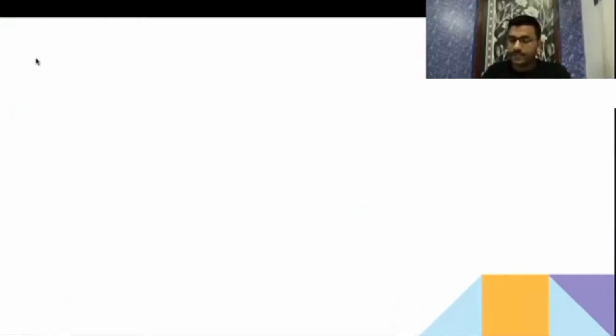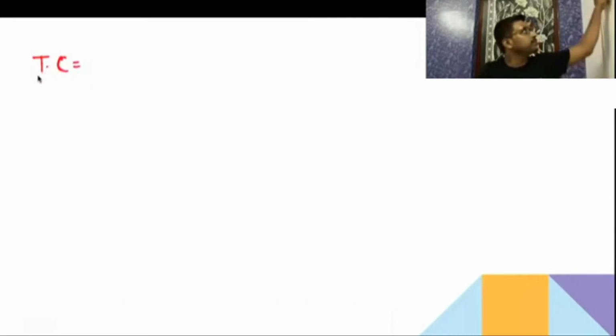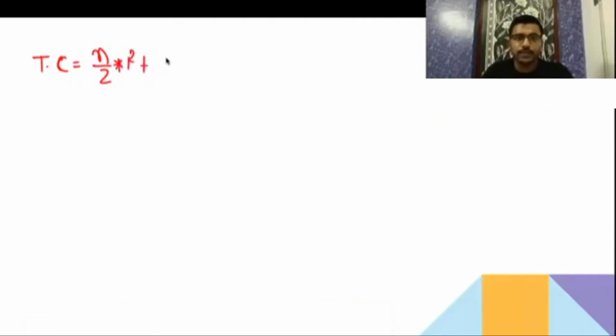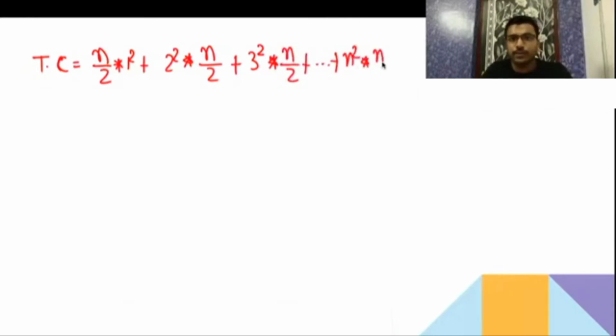So the time complexity is n by 2 into 1 square, plus 2 square into n by 2, plus 3 square into n by 2, similarly till n square into n by 2.